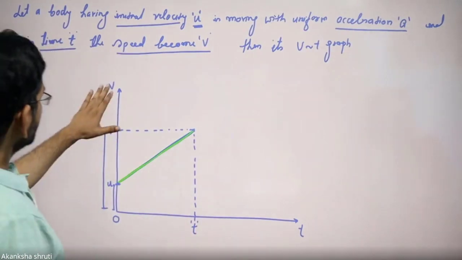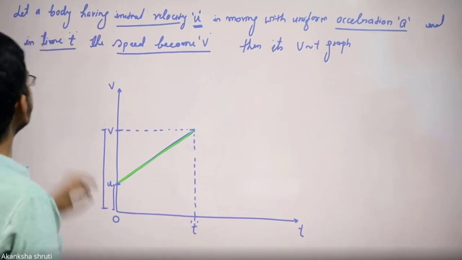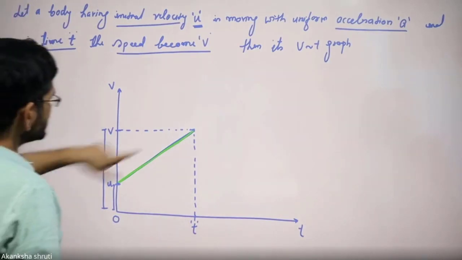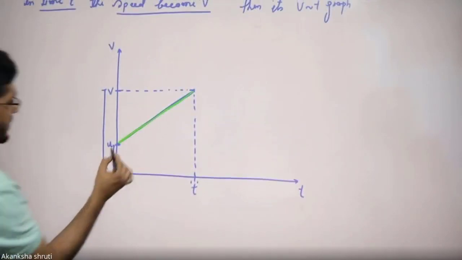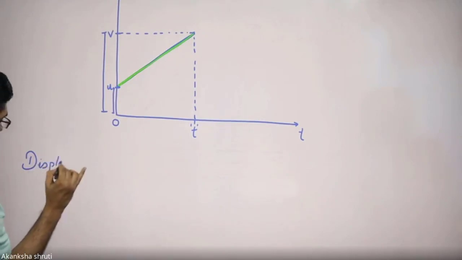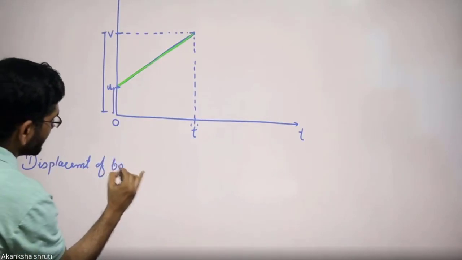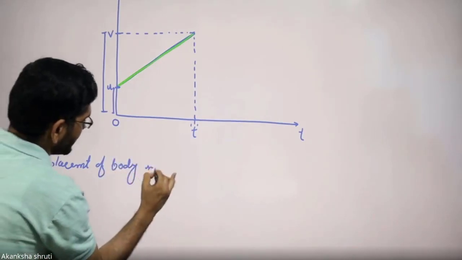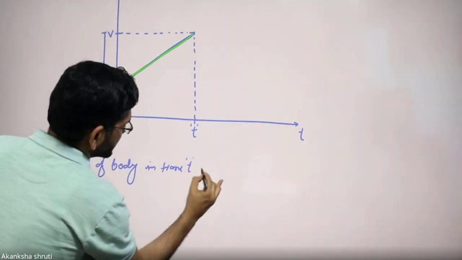Now, from this v and t plot, we can calculate the total displacement of the body. So the displacement of the body in time t is what we want to calculate.